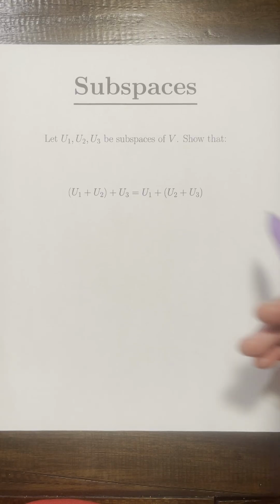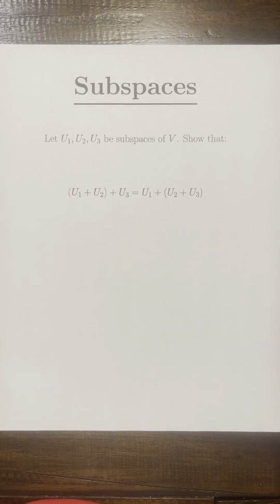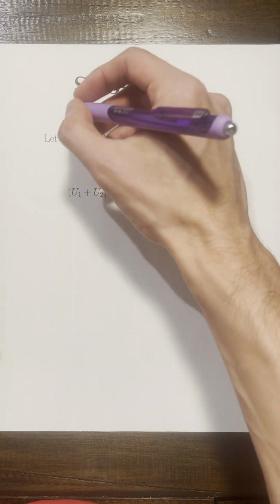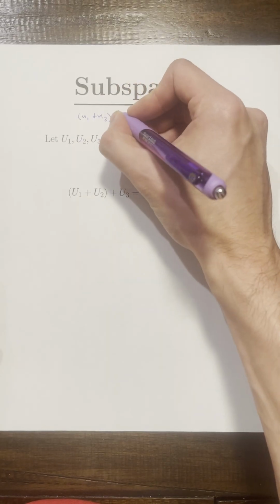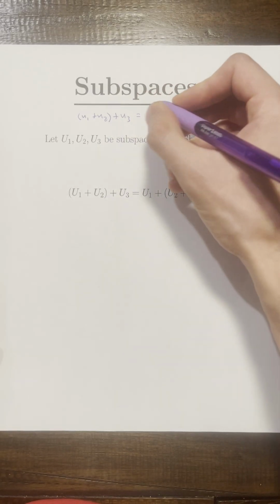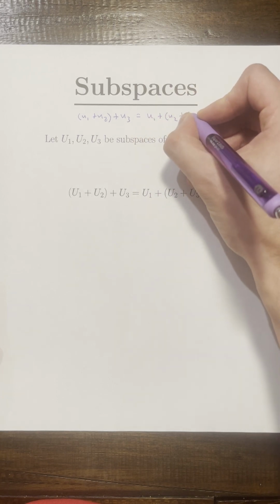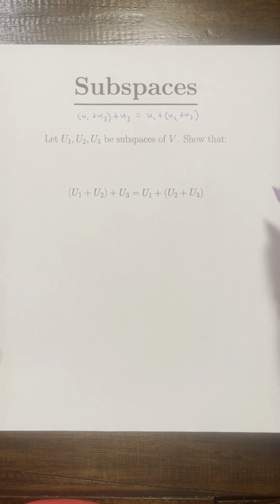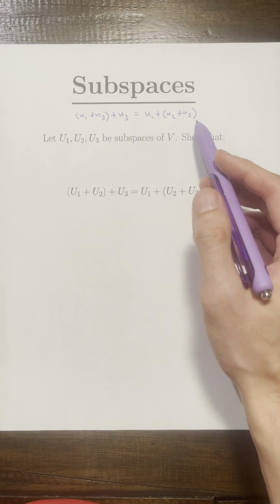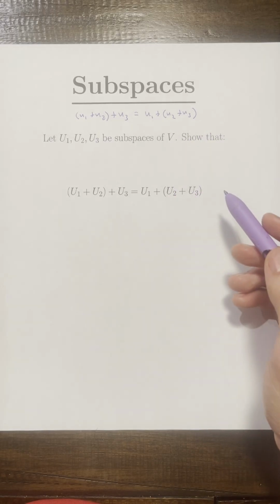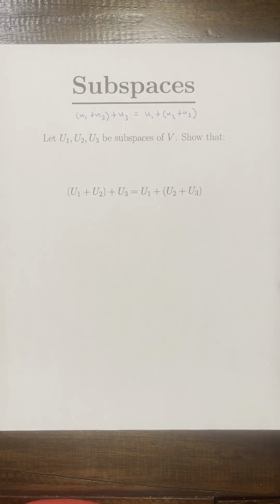Where else have we seen associativity with addition in linear algebra? We've seen it with vectors in the same vector space. So maybe this can help us solve the problem.